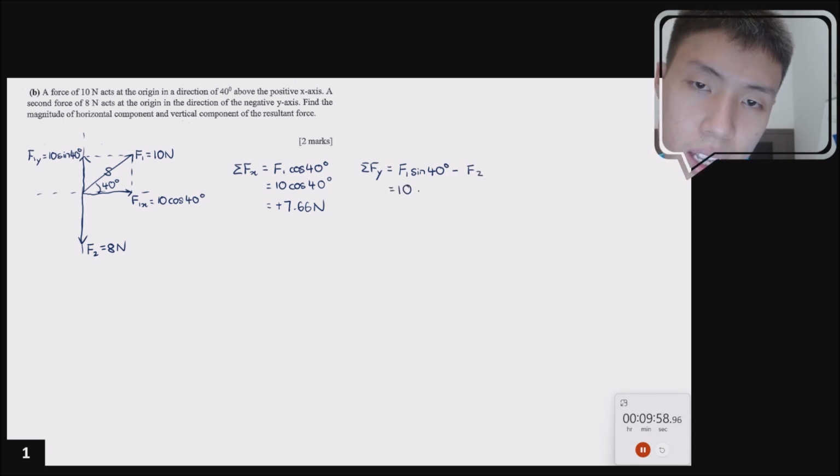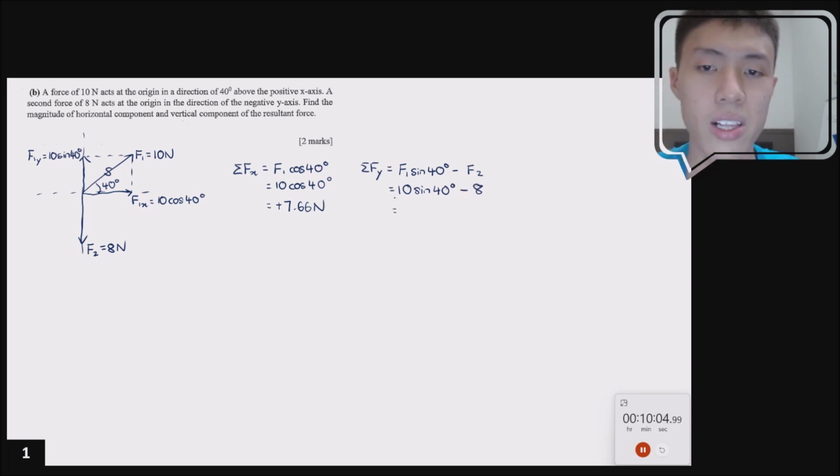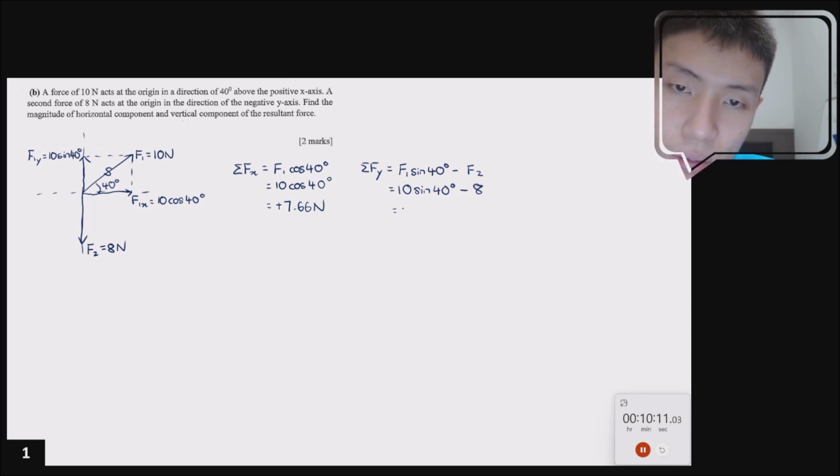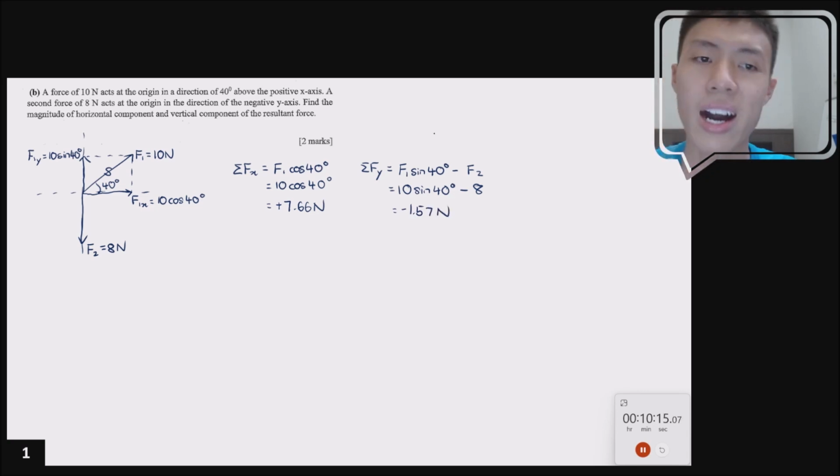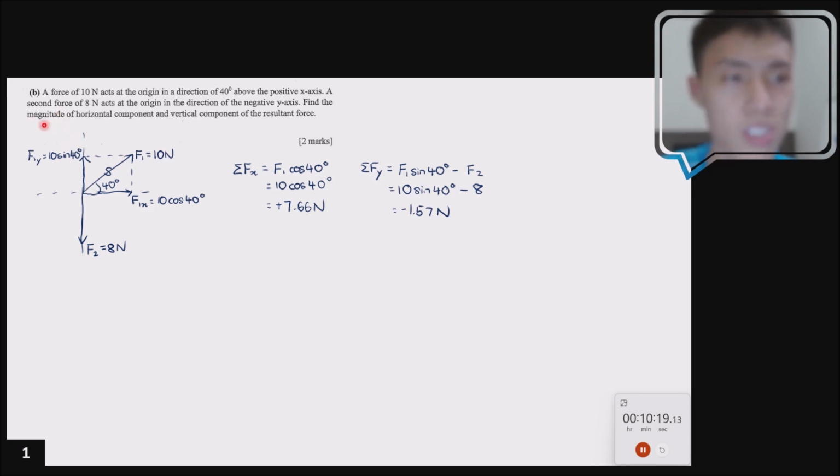So that will be 10 sin 40 pointing upward, 8 pointing downward. If you calculate it, I believe you will get negative 1.57. Okay, I think I'll just stop here. I will not purposely remove the negative sign because they ask for magnitude.